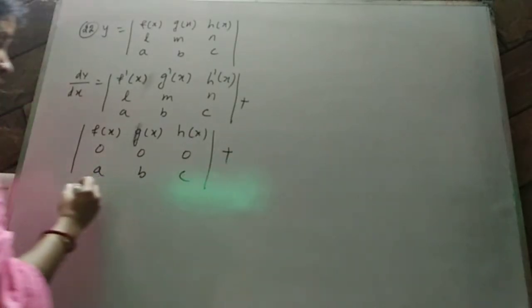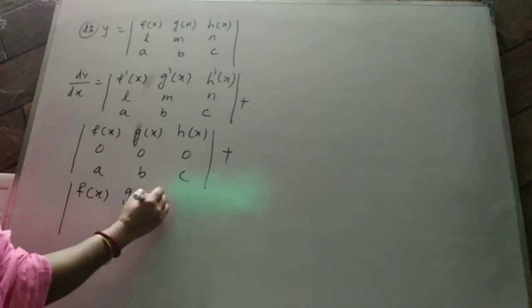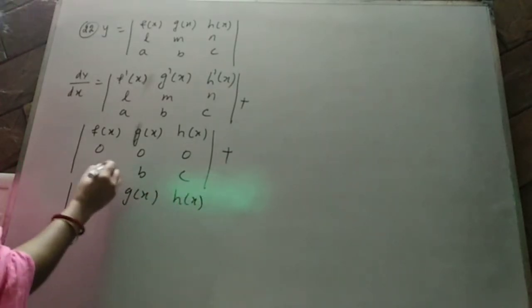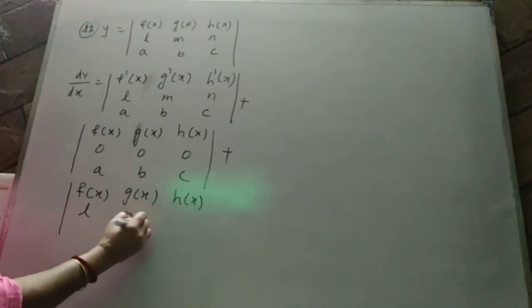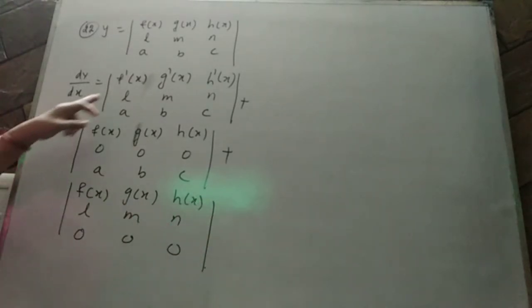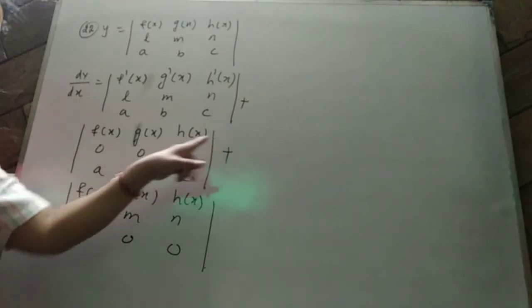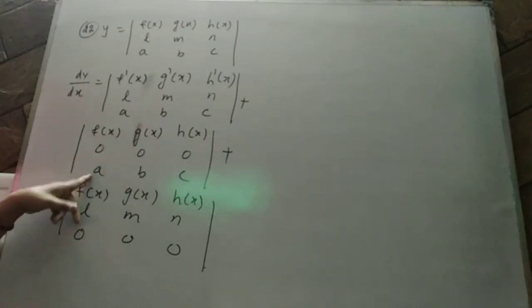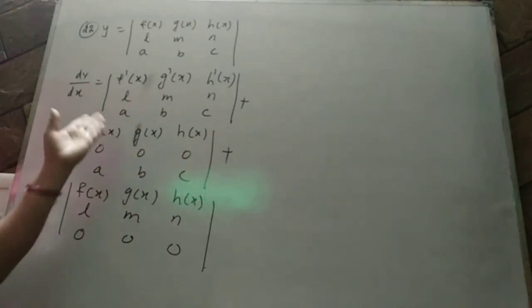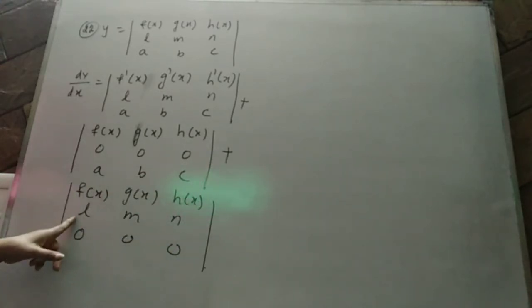And then plus, if I keep the first two rows constant, and differentiate the third row, A, B, C, we get 0, 0, 0. What I told you: differentiate the first row here, keeping the other two rows constant; plus first row constant, third row constant, second row differentiated, which becomes 0 because it is constant. Similarly, first two rows kept constant, third row differentiated.